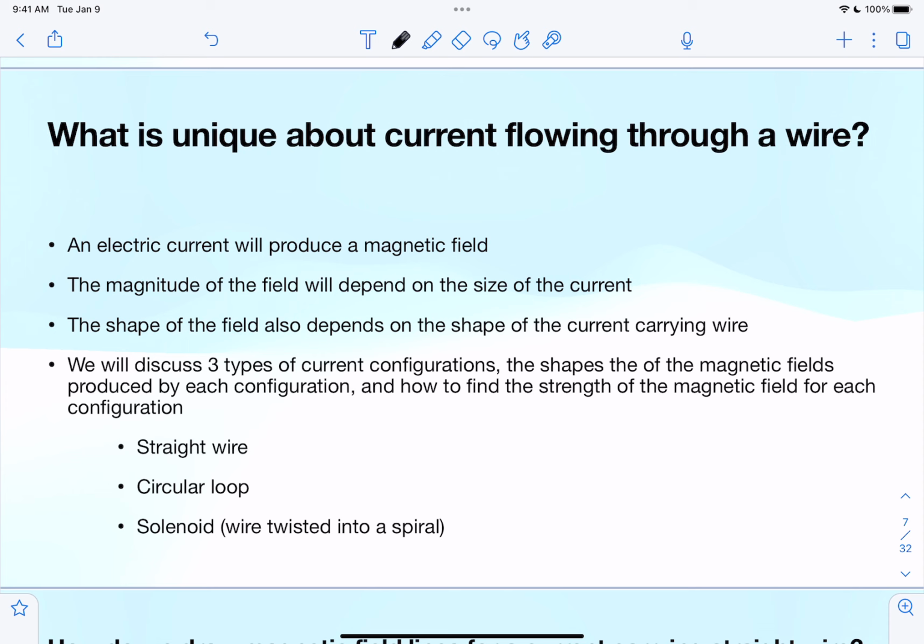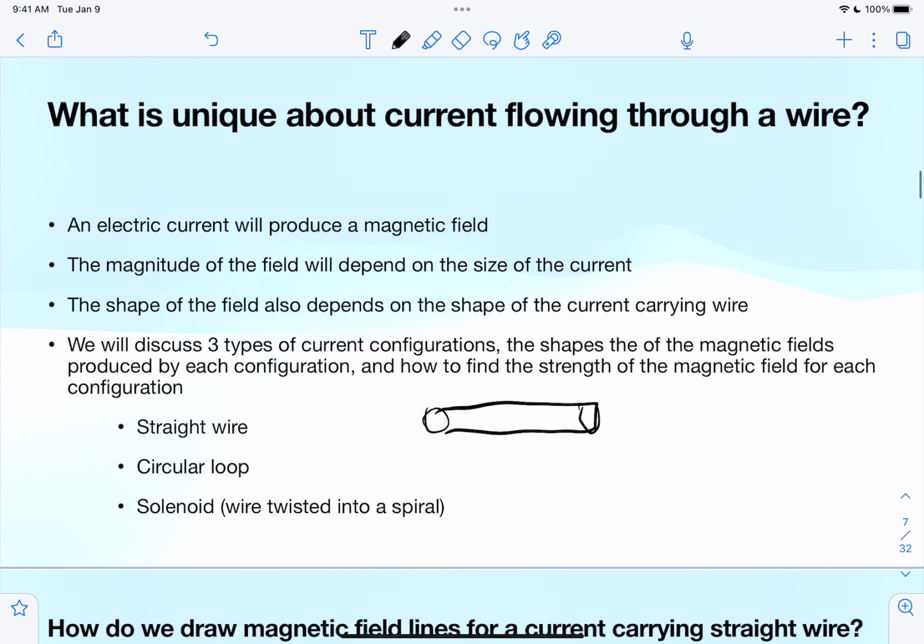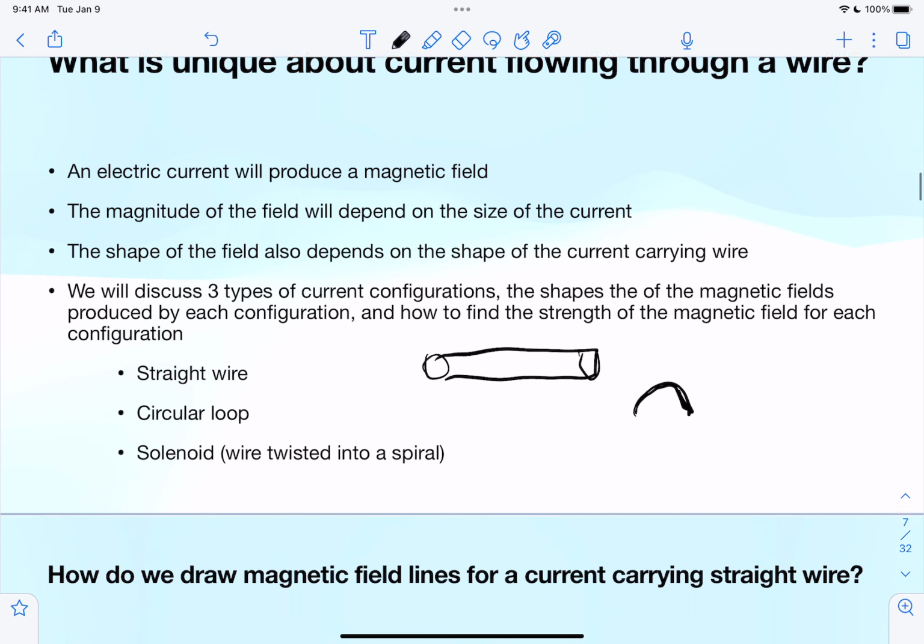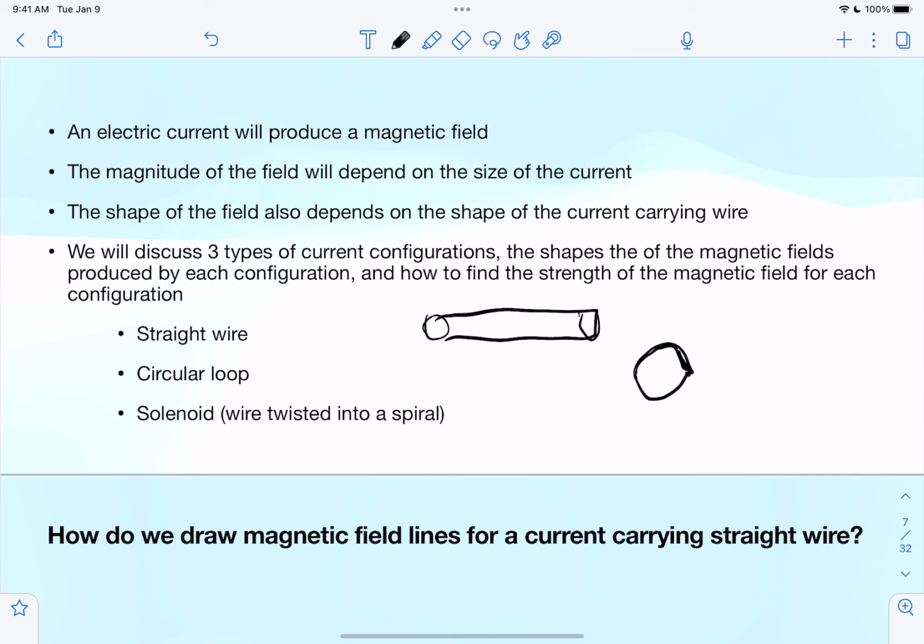So you can either have a straight wire, just kind of like a cylinder, or you could have a circular loop, right? Usually we look at just one half of the loop too, just for making things easier, but a circular loop is a circular loop. And then you have a solenoid, which is basically kind of like a bunch of circular loops together, kind of a spiral. But yeah, those are the three types of configurations.